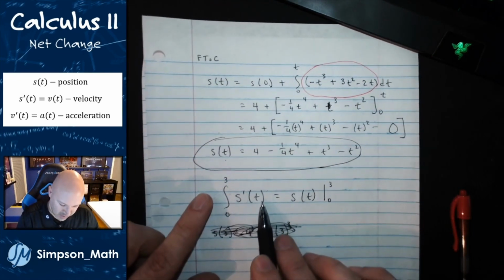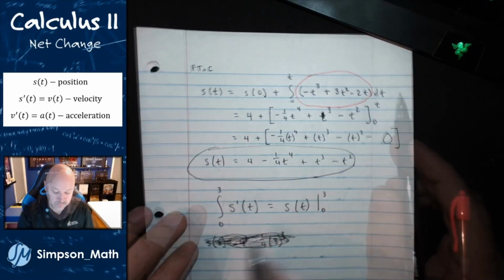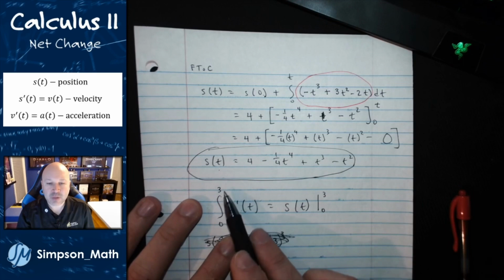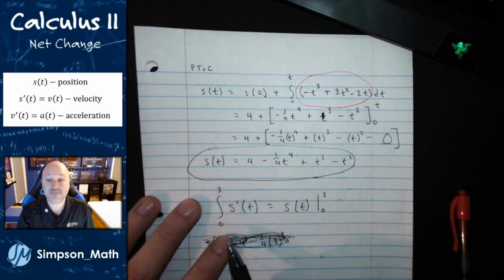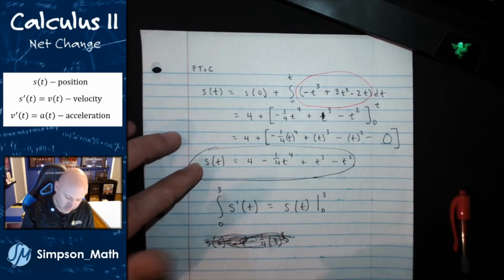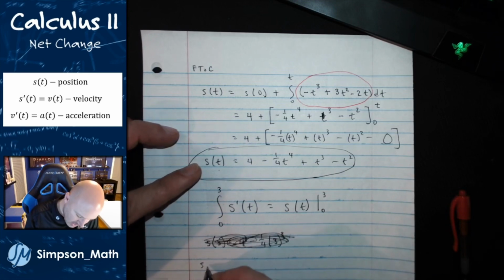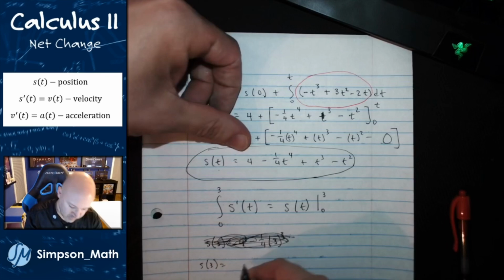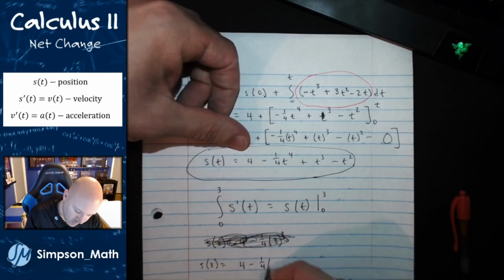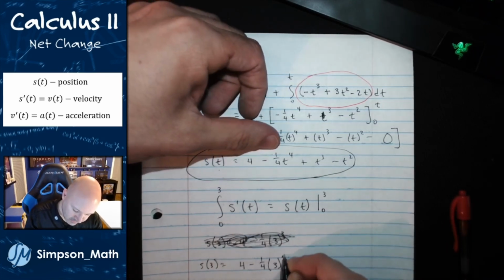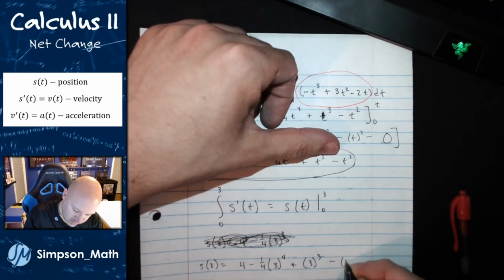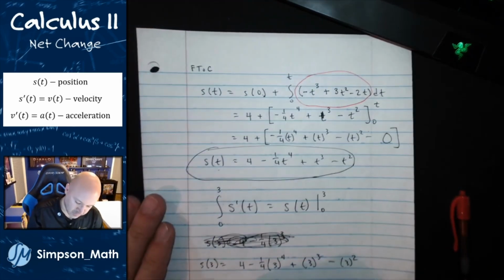I just need to plug in the 3 and plug in a 0 and then find that subtraction. So here we go. S of 3 would be 4 minus 1/4 of 3 to the 4th power plus 3 cubed minus 3 squared.